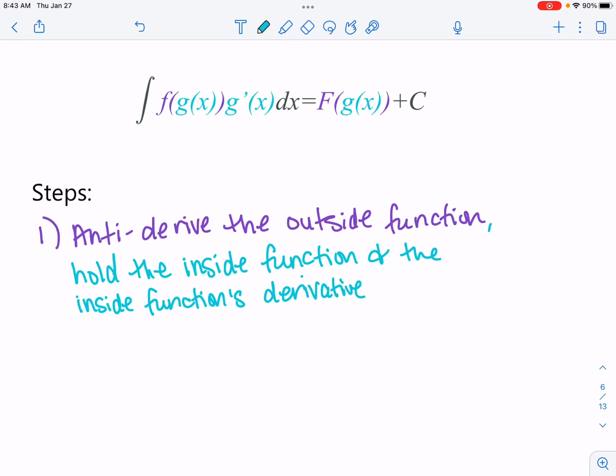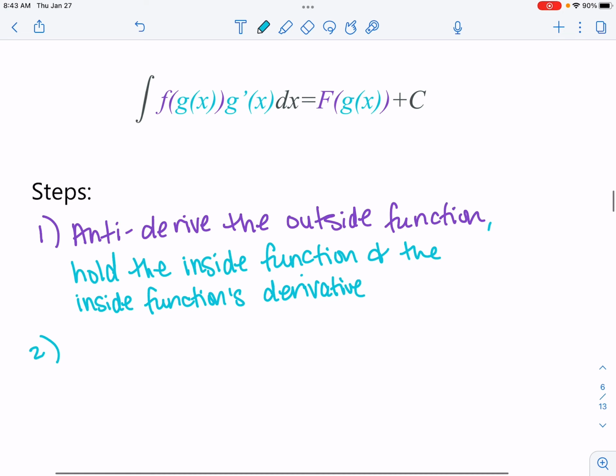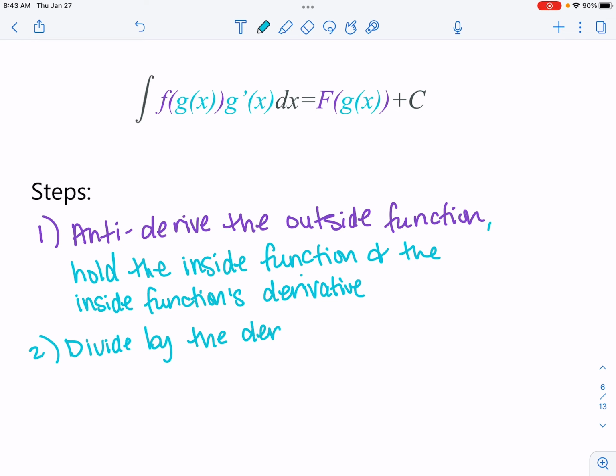So in other words, you're holding everything other than the outside function, okay? Now, step 2, you are going to divide by the derivative of the inside function.